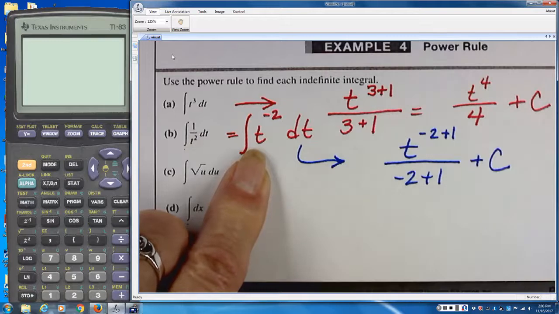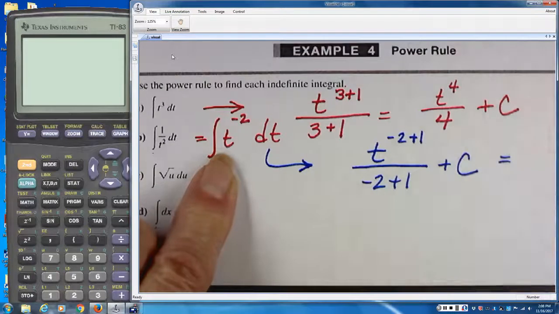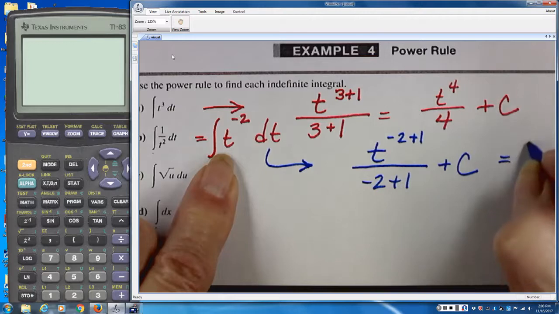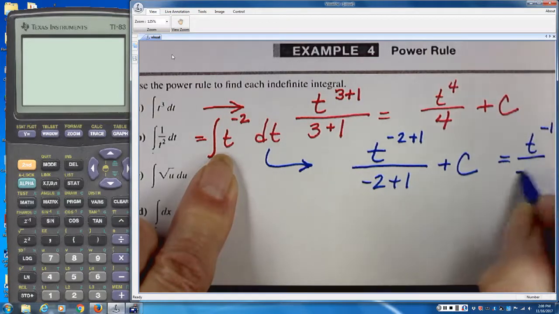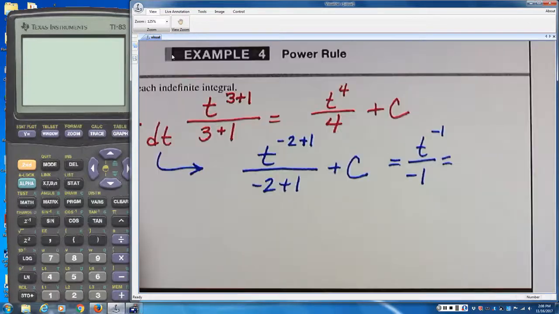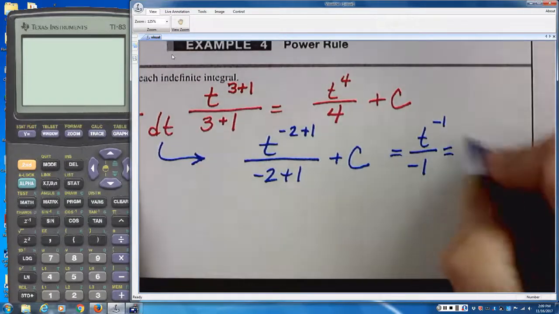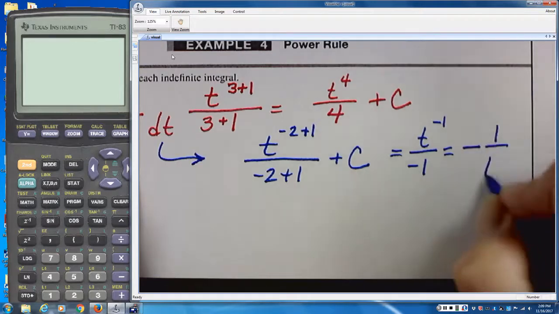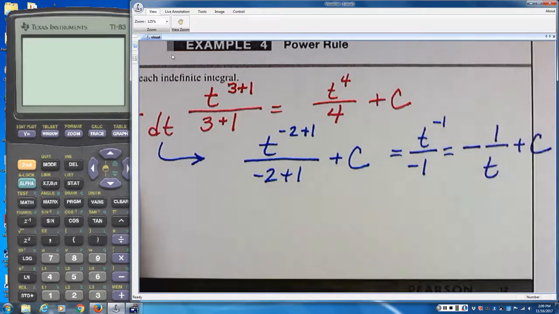Plus a constant, which means what our function actually looks like then is t to the -1 over -1, or -1 over t plus c.